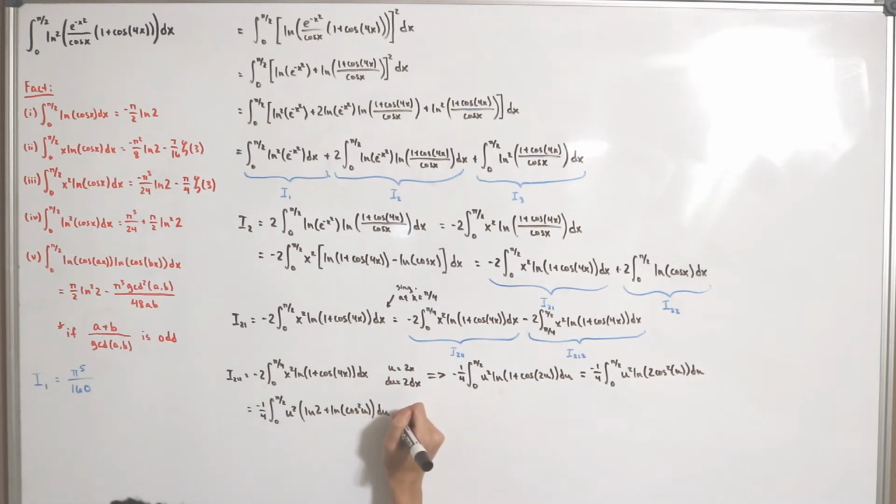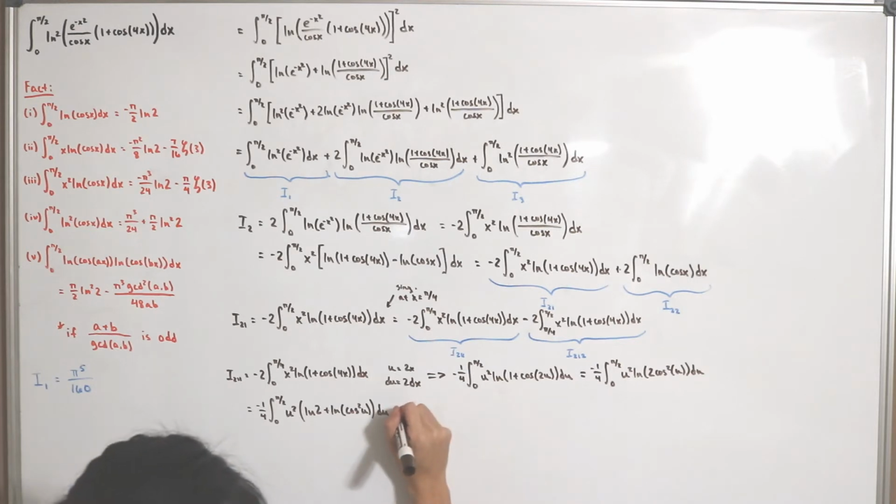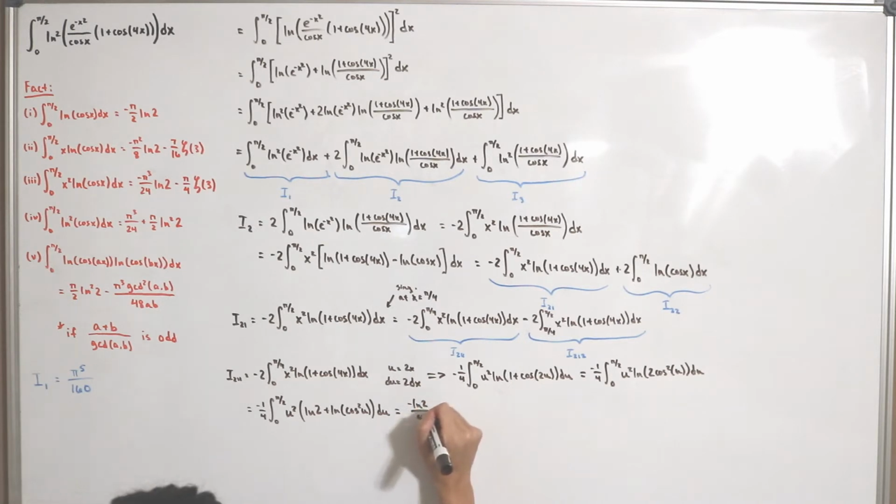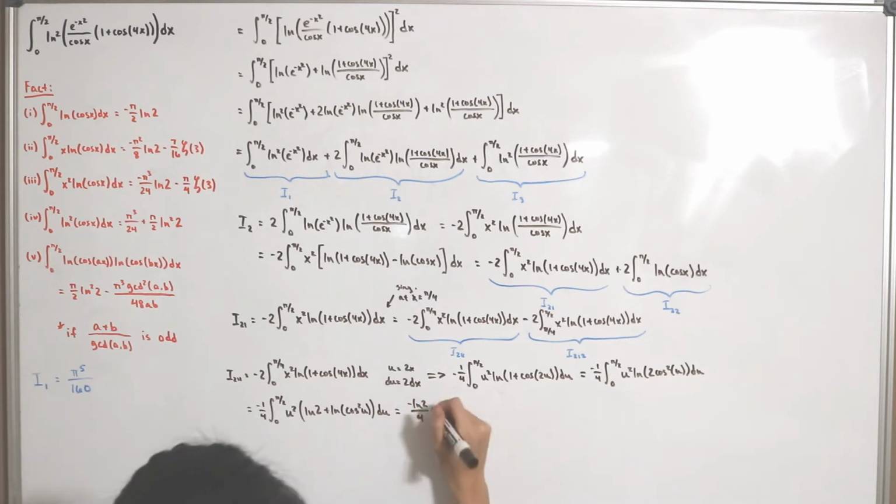Now ln of 2 is just a constant, so I can simply move that outside. So this is the negative natural log of 2 divided by 4, and then the integral from 0 to pi over 2.